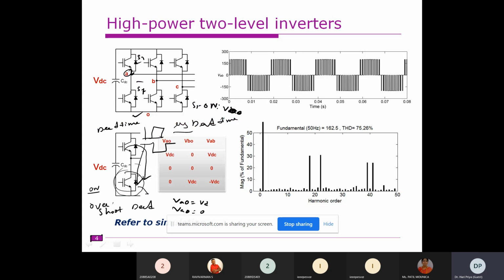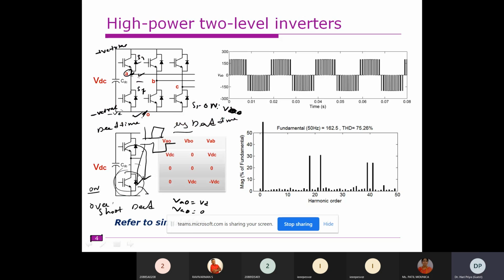This is already known. But the point is that in every leg, when the upper switch is on, the output voltage, that means the voltage across the midpoint of the leg and the bottom point of the DC, or else you can say the negative rail, this is called the negative rail and this is called the positive rail.